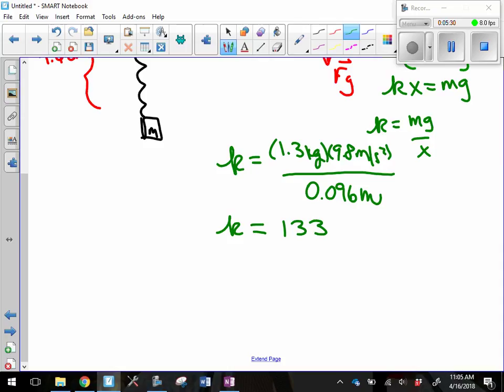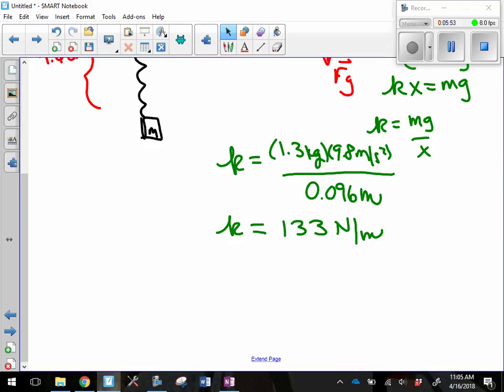What's the units? Units. Yeah, but that's kind of wacky. So what are kilogram meters per second squared? Newtons.